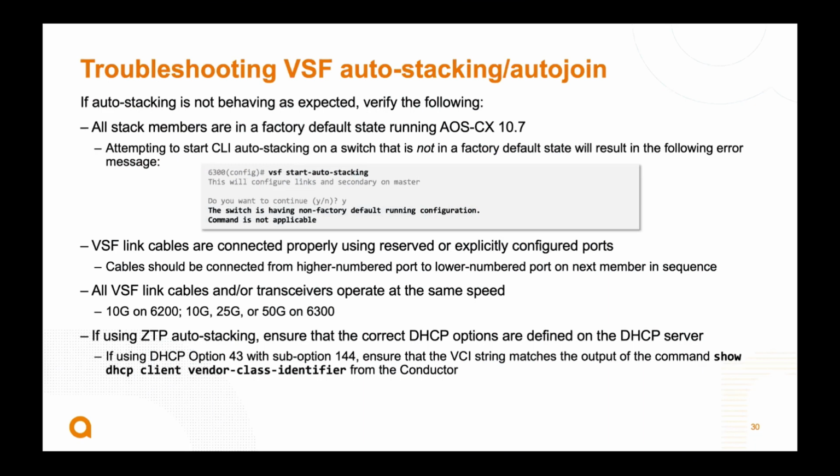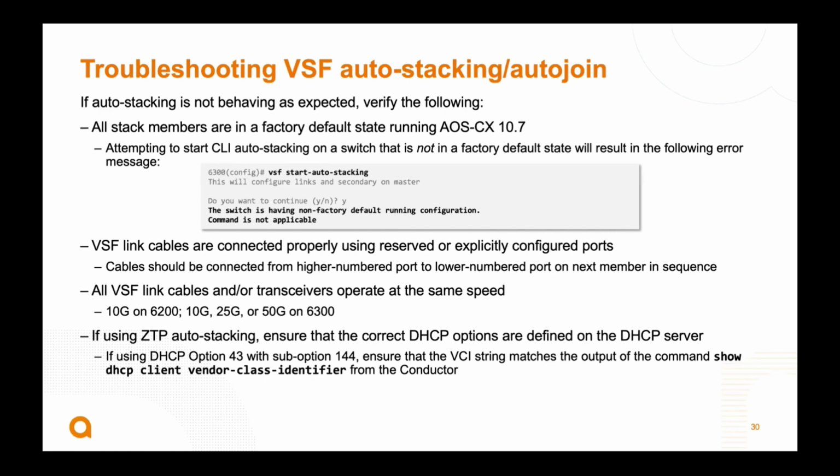So how can you troubleshoot issues with auto stacking or auto join if it's not operating as expected? The first thing you need to do is verify your prerequisites. Your stack members have to be in a factory default state running 10.7.